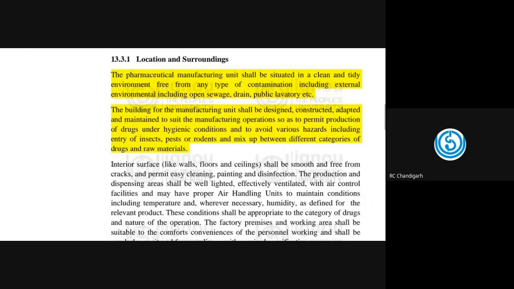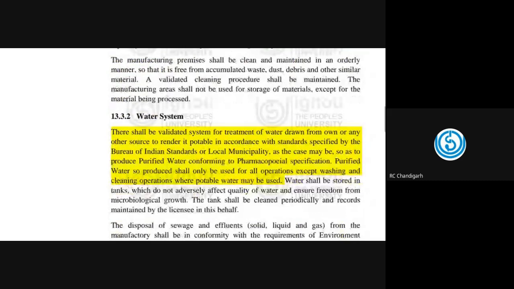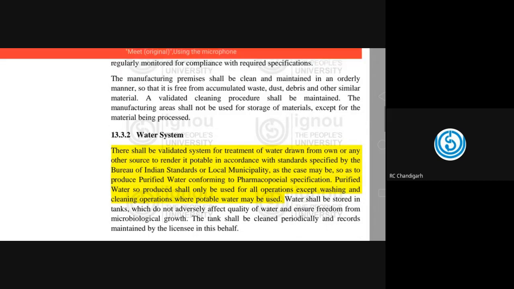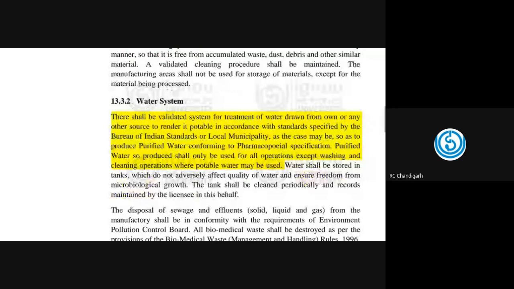Water system. There shall be a validated system for treatment of water drawn from own or any other source to render it potable in accordance with standards specified by the Bureau of Indian Standards or local municipality, as the case may be, so as to produce purified water conforming to pharmacopoeial specification.